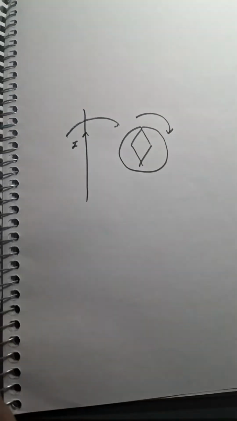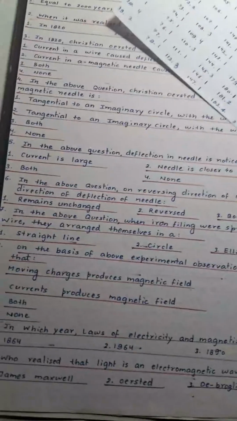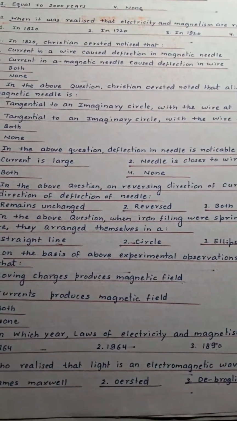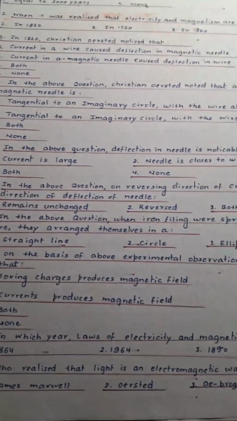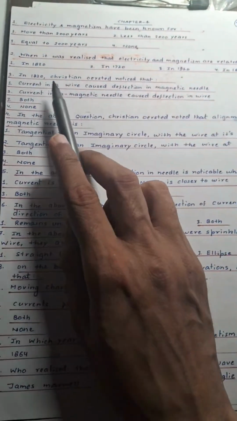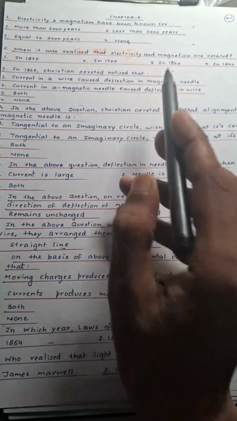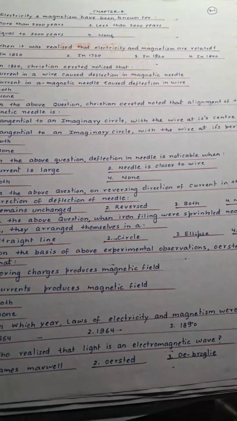So this is the concept behind this question. Here we can say that he concluded that current in a wire caused deflection in magnetic needle. So here option number 1 is correct.